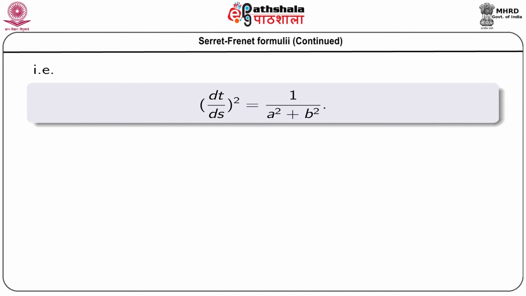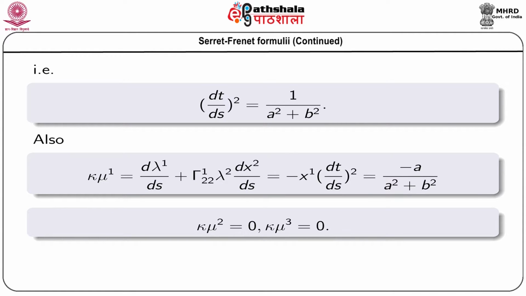dt by ds whole square equal to 1 by a square plus b square, and if we find kappa mu 1, the expression is coming to minus a by a square plus b square, kappa mu 2 equals to 0 and kappa mu 3 equals to 0, if we calculate all these values.